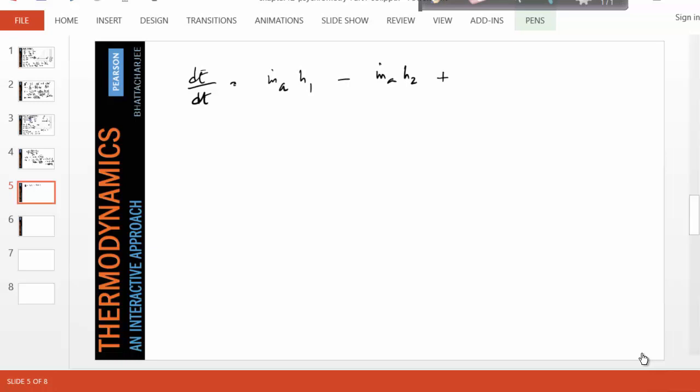The water that leaves, that also transports energy out. M dot water at 3 times enthalpy of water at 3 plus Q dot minus W dot external. So this is my energy equation.